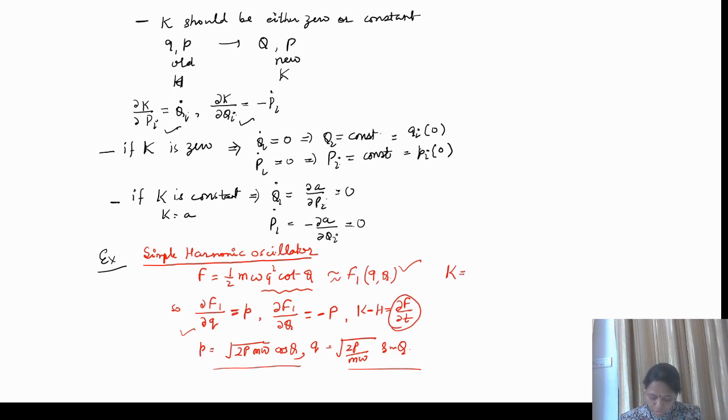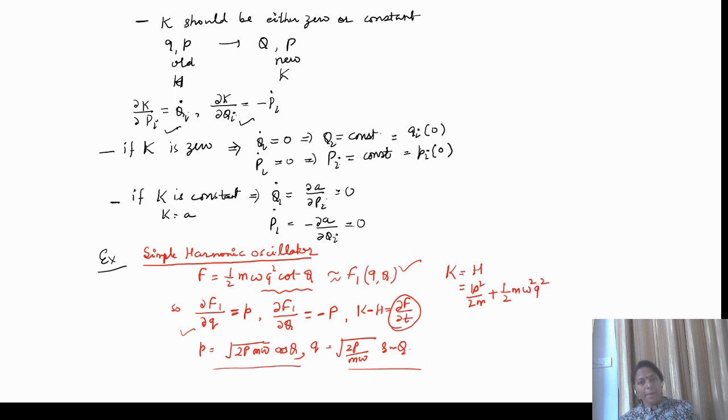So in this case, if I construct my K, then because F is not a function of time, K will be equal to H. So if I calculate this K, then H is P squared upon twice m plus half m omega squared q squared.